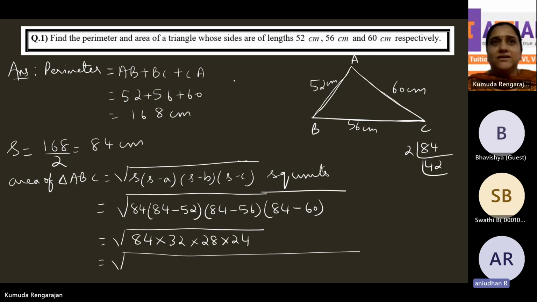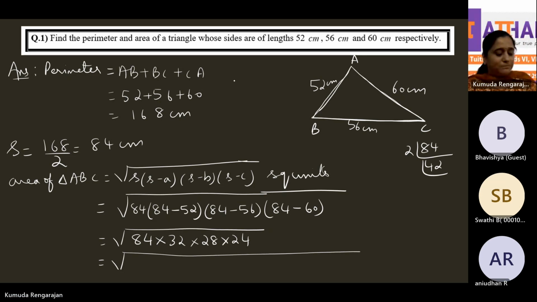The root there is 6 pairs of twos, ma'am. That's what they've missed, a 2, because 672 into 2 is 1344. You're right, Aniruddhan. Thank you. I'll ask them to check.